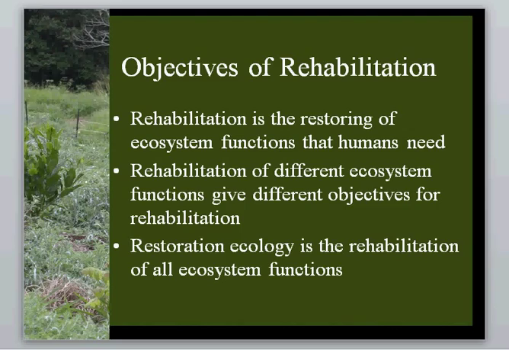Restoration ecology now, or restoration, restores all of the ecosystem functions by putting the whole ecosystem back, including all the plants and animal species. You are essentially restoring all the ecosystem functions, and as you can imagine, that can be quite difficult.